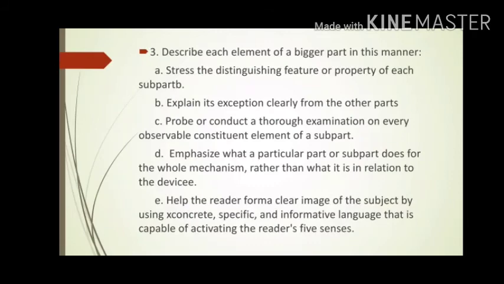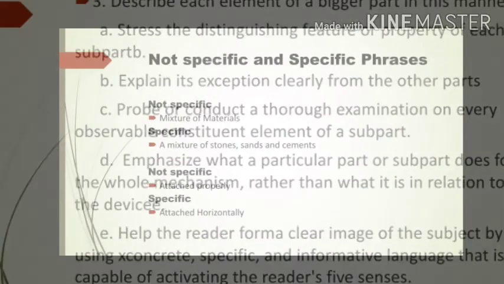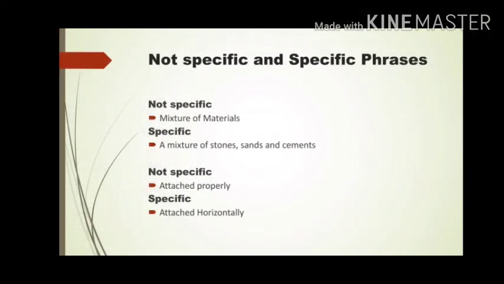For better understanding, I have here a set of phrases that show specific and not specific. Let's have an example. Mixture of materials is an example of a not specific phrase. But when it is turned into specific, it must be a mixture of stones, sand, and cement. So how do we turn a not specific phrase into a specific one?